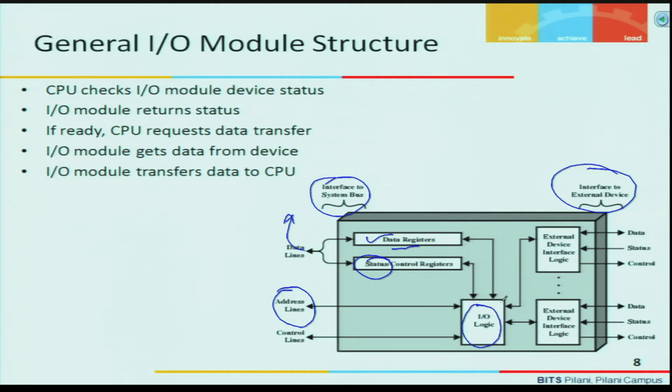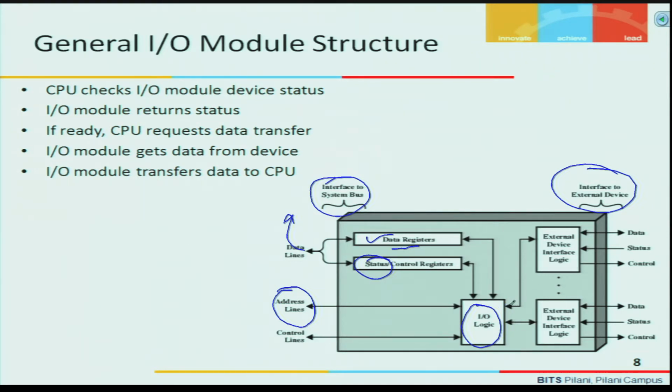The I/O logic will identify the address, because maybe this module is supporting more than one device. So the address for the current operation belongs to one of the I/O devices or one of the peripheral devices to which it is connected.